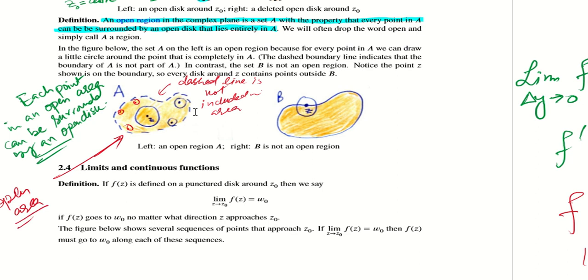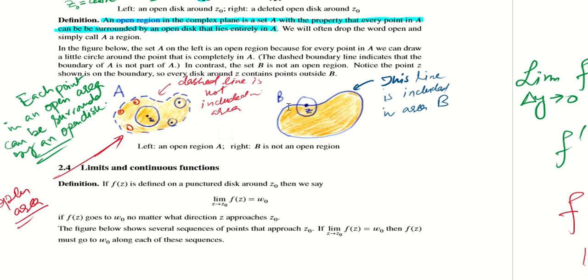Physically speaking. Now let's see another area given on the right of your screen, part B. Here this solid line is a part of area B; this line is included in area B. If this line is included and we take any point on this line, we cannot make an open disk that is inside this area.